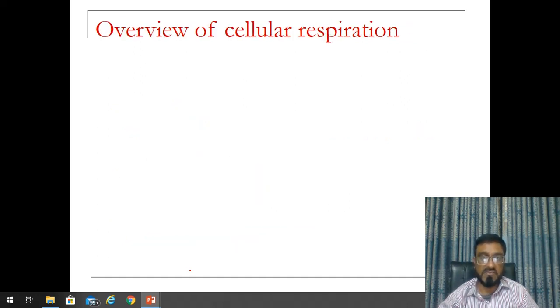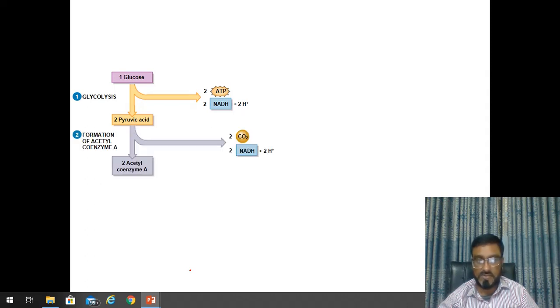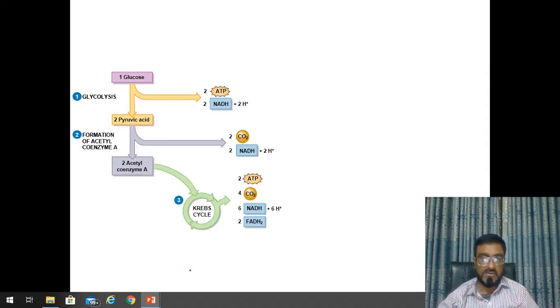So what is the overview of cellular respiration? Look at this one. First of all, through the glycolysis process, one glucose molecule is converted into 2 pyruvic acid. It's not a simple step where glucose is just converted into pyruvic acid.